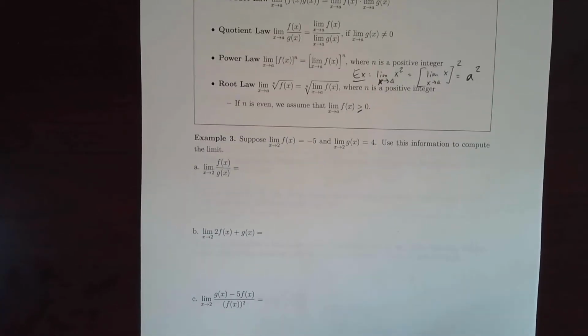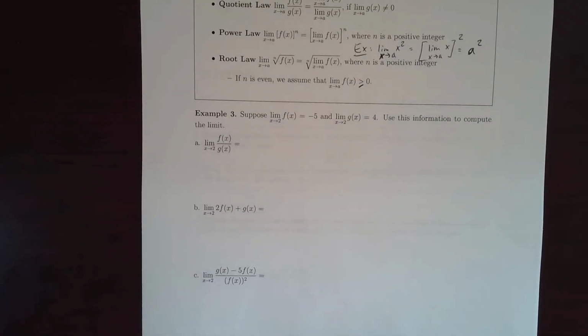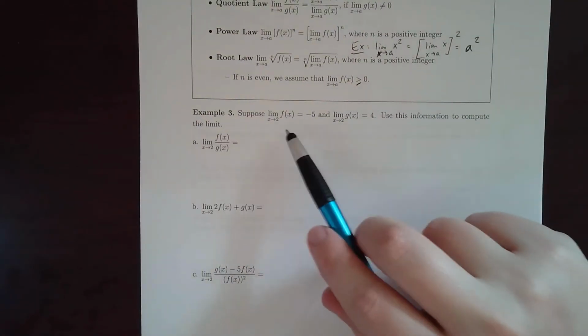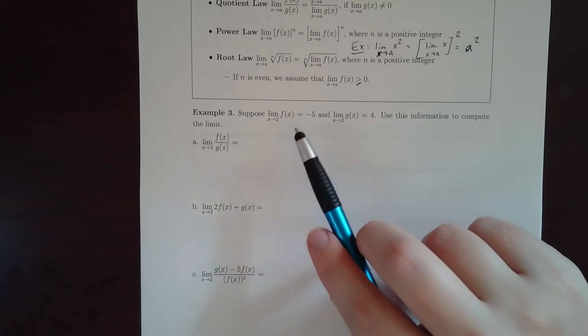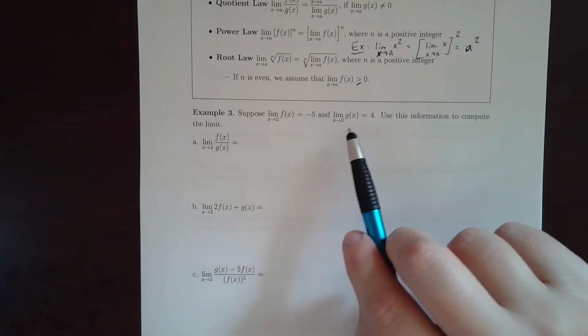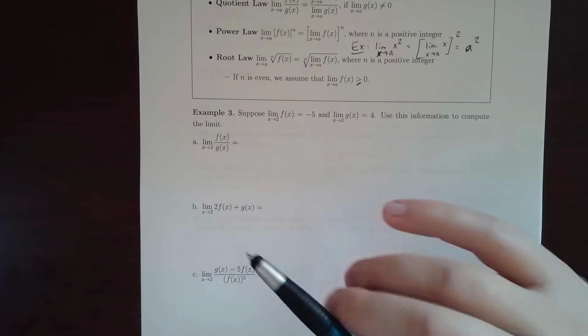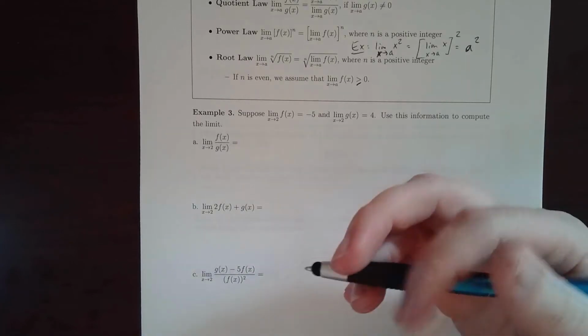Alright, so let's use these laws as a little bit of an example. So let's say we have the limit now as x approaches 2 of two different functions. For f of x, that limit is -5, and for g of x, that limit is 4. So we don't know the functions, but we do know what their limits are.